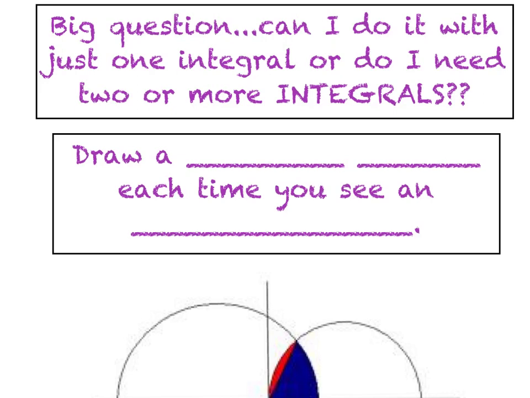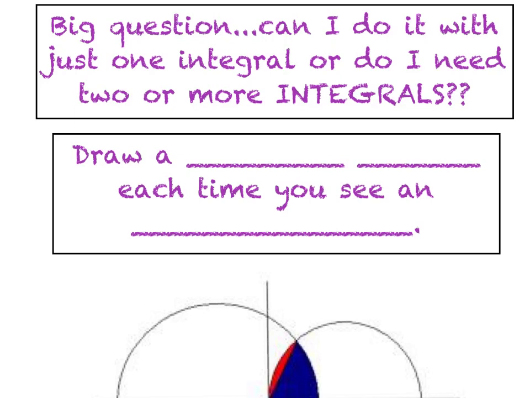Well, we're going to jump right into our biggest challenge today, and we're going to ask this big question. Every time you get your drawing drawn and you start shading in the area they want you to find, you ask yourself, can I do it with just one integral, or do I need two or more integrals to find the total enclosed area? Back when we did rectangular coordinates, whenever the upper curve changed, we would stop and set up a new integral.